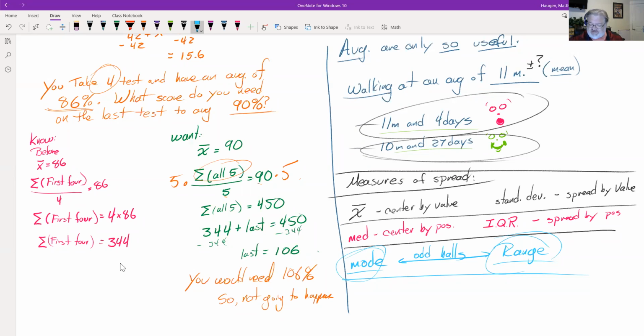Why do we want that sense of spread? Well, it's essentially like it is with the babies here. Just knowing, or toddlers, or whatever you want to call them, just knowing the center doesn't tell us really anything about what's normal, what's typical, what we should expect. You should expect your kid to be walking at 11 months. Well, there's no way the kid's going to walk at exactly 11 months to the hour, right? What's my sense of spread? What's my sense of normal, typical?